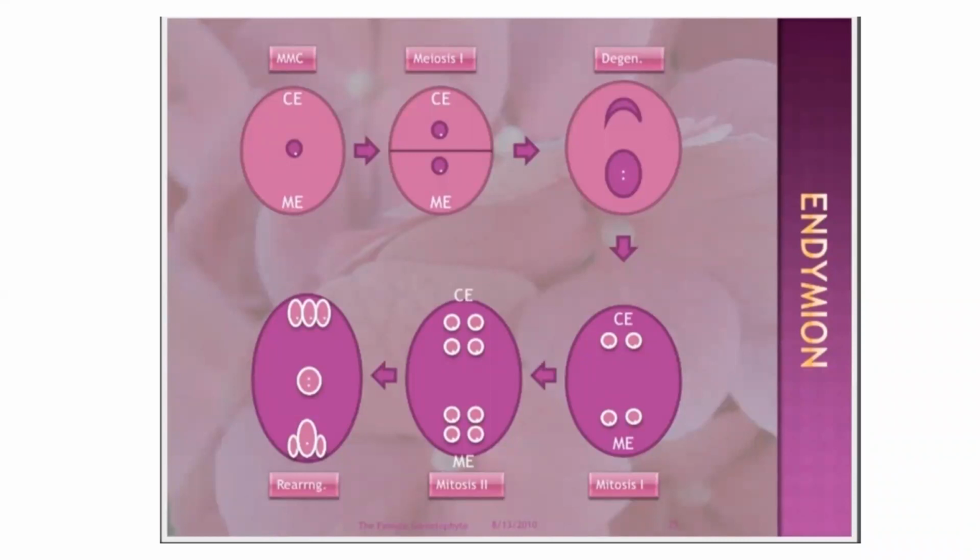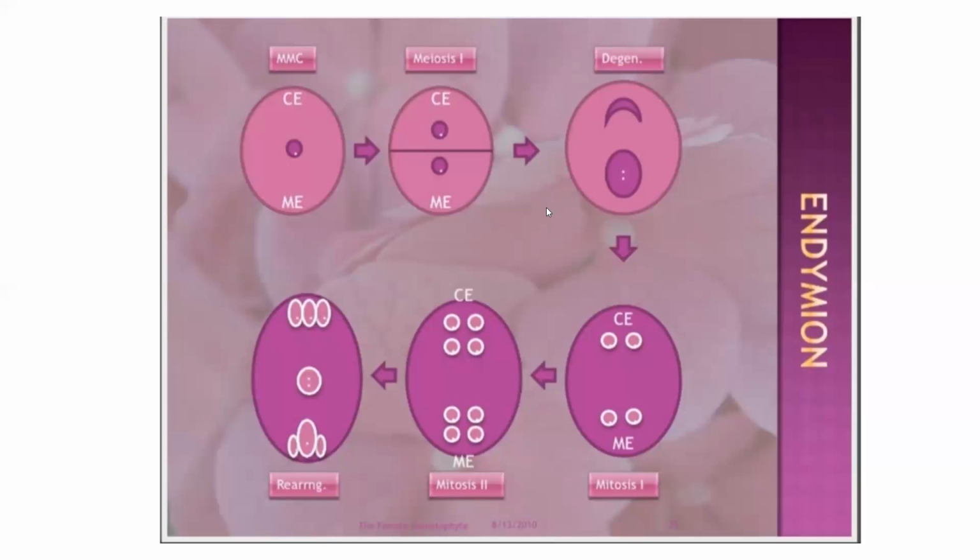One of the nuclei migrates to the micropylar end and the other to the chalazal end. So one at the micropylar and one at the chalazal end.